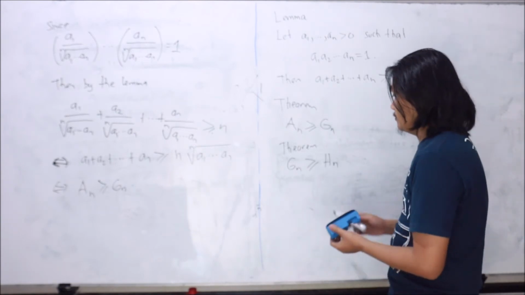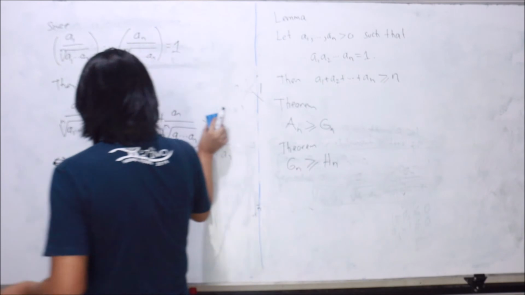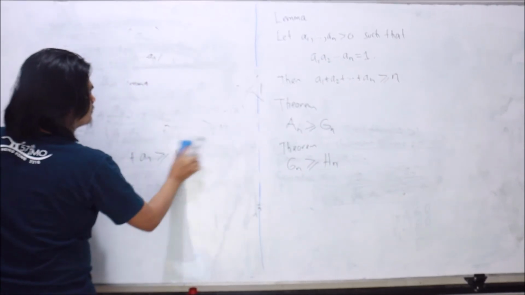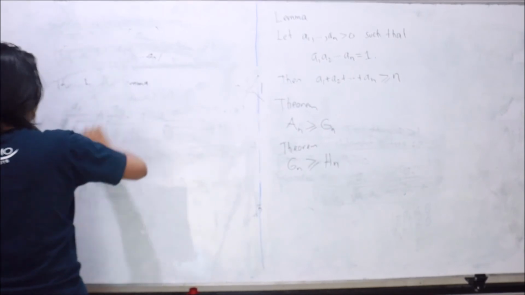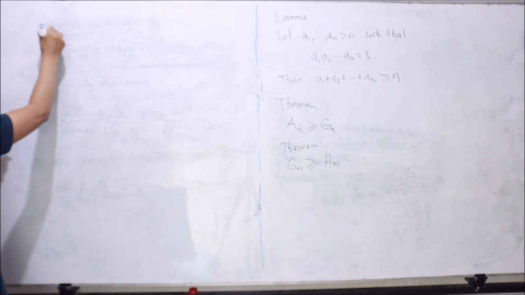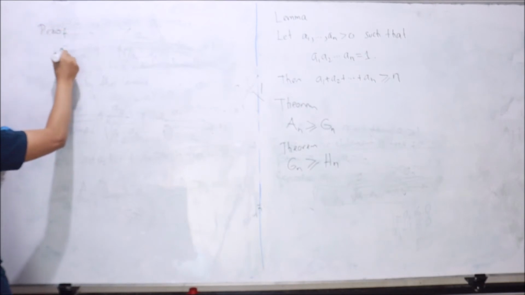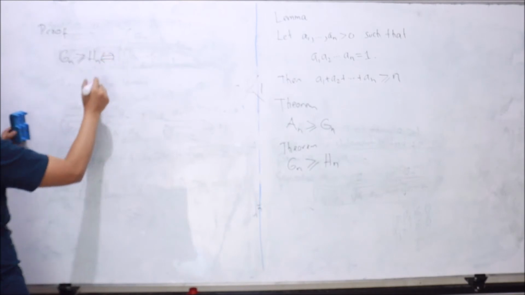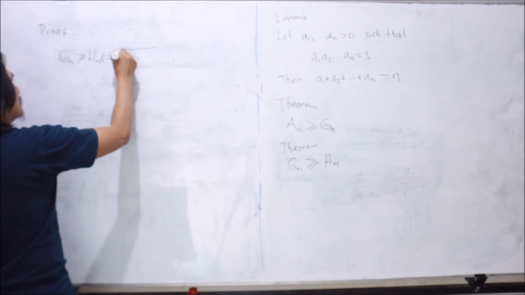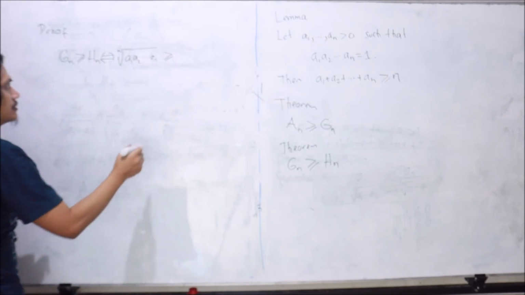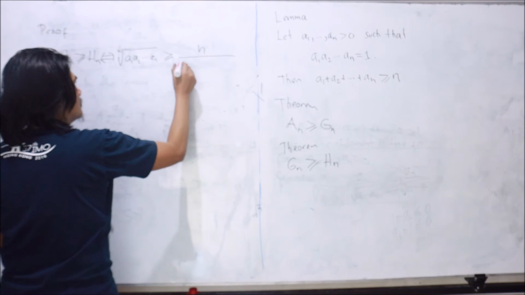And so this statement, Gn greater or equal to Hn, is equivalent to the nth root of a1, a2, an is greater or equal to n divided by this.